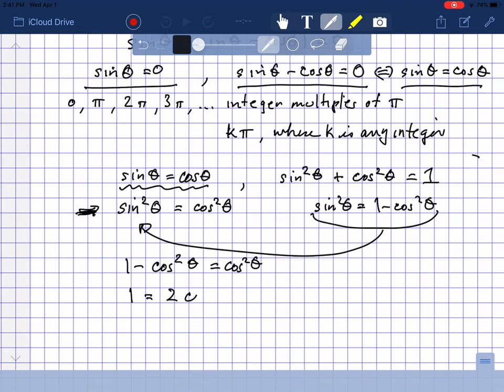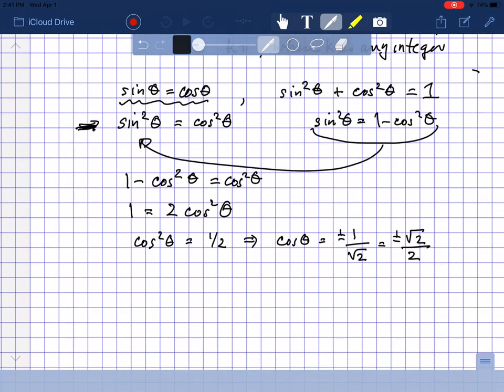So this gives me 1 is equal to 2 times the cosine squared of theta, which is equivalent to cosine squared theta is equal to 1/2, which implies that the cosine of theta is equal to plus or minus 1 over the square root of 2, which is equal to plus or minus the square root of 2 divided by 2.